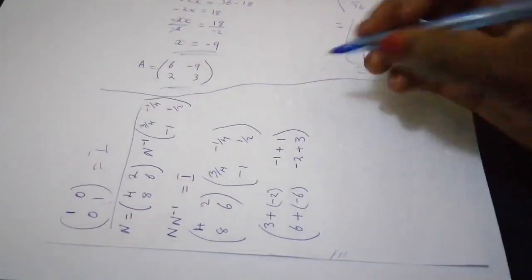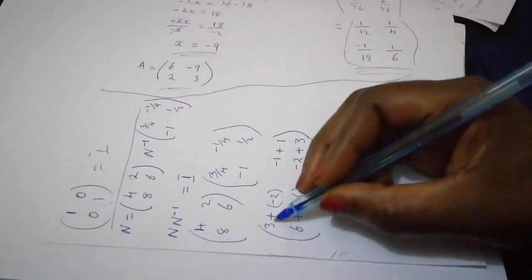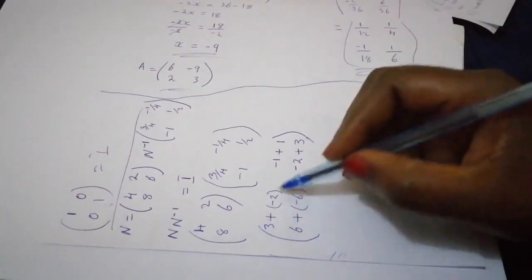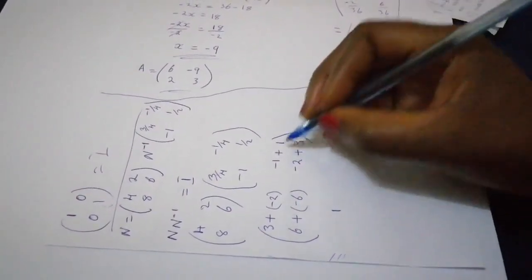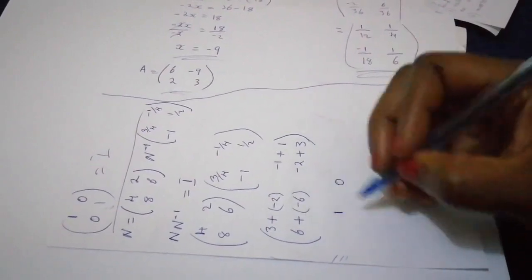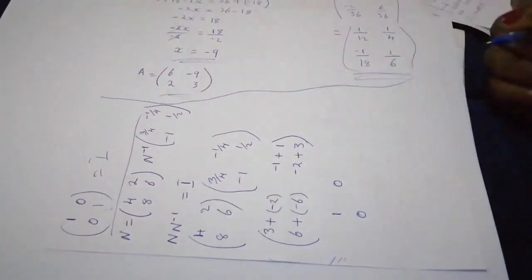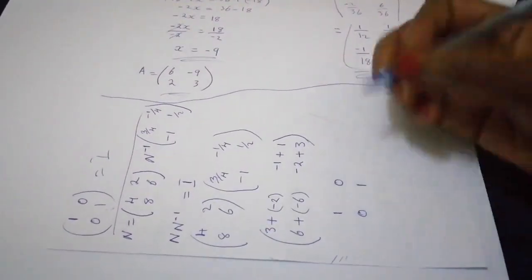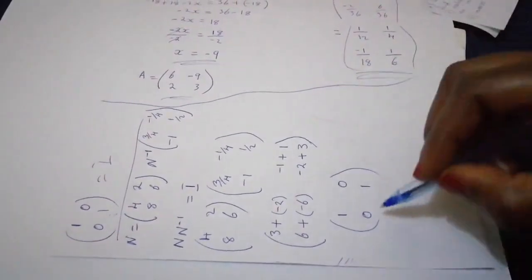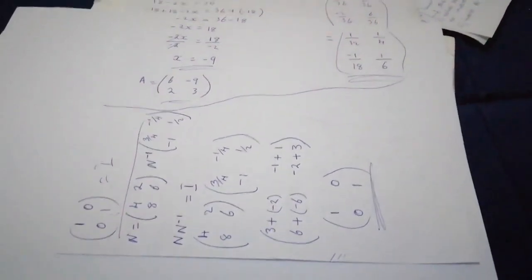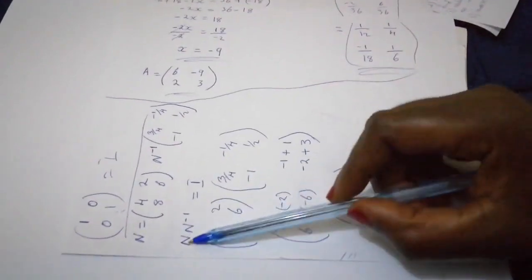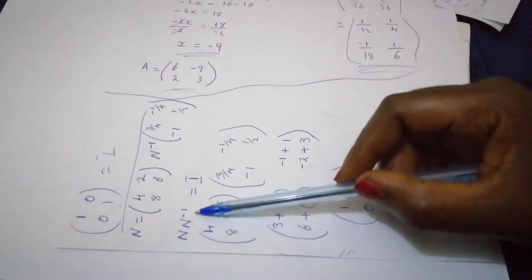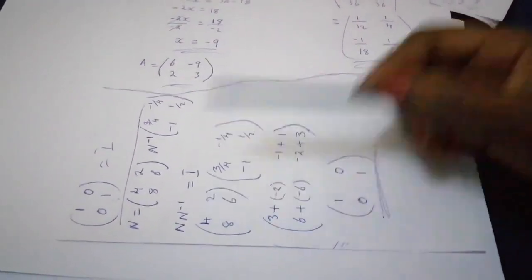Adding those, we're going to have 1 there, 3 minus 2 is 1. There we'll have 0. Here we'll have 0. Negative 2 plus 3 is 1. So this is the identity matrix when we multiply matrix N with its inverse.